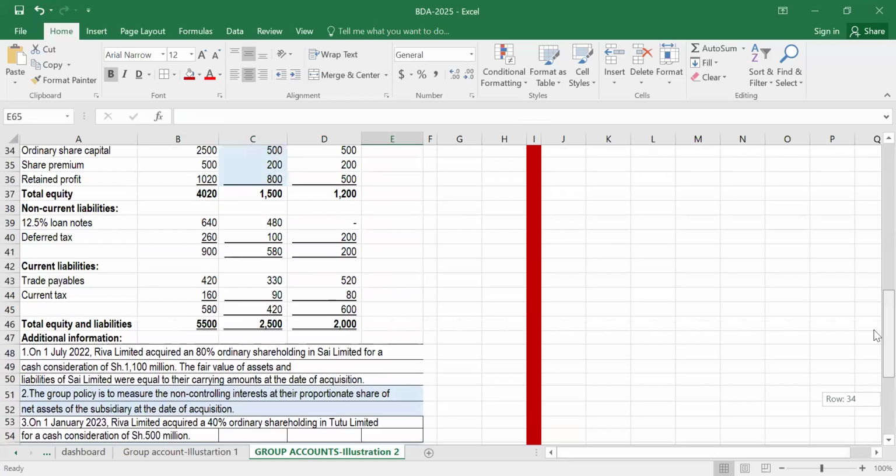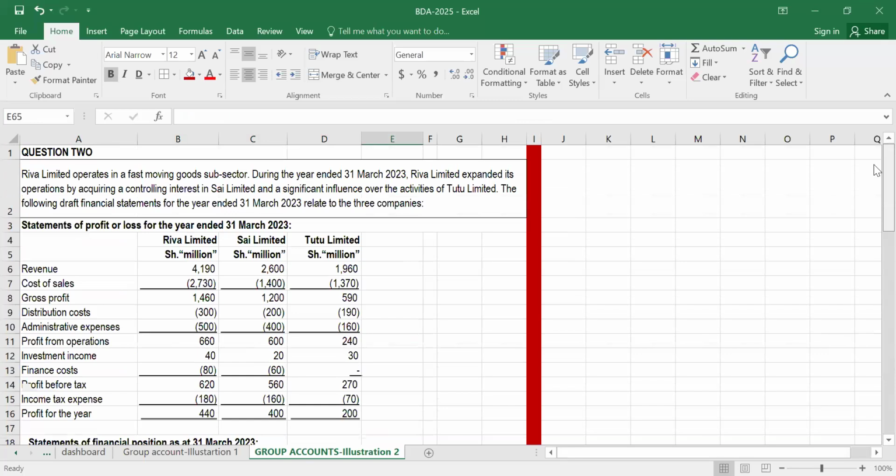So basically, this is a question for group accounts. And recall what we said is that anytime you come across such a question for group accounts, the first thing you need to do is basically to come up with a group structure so that you know the relationship between these three companies. Which company is the parent, which company is the subsidiary, which company is the associate, or do we even have a joint arrangement?